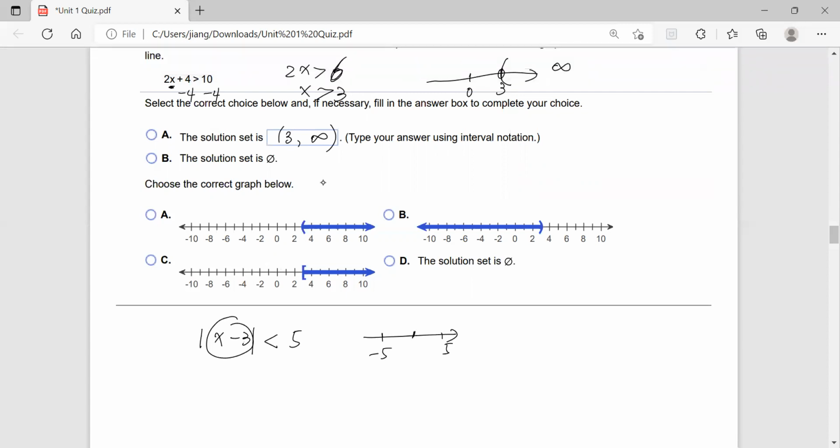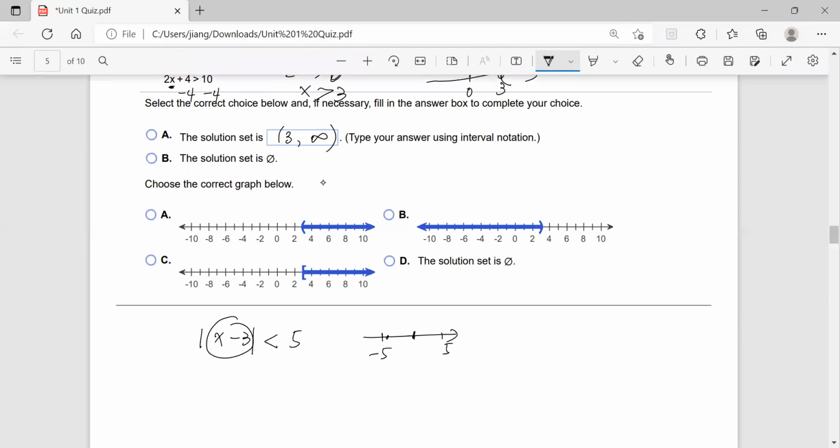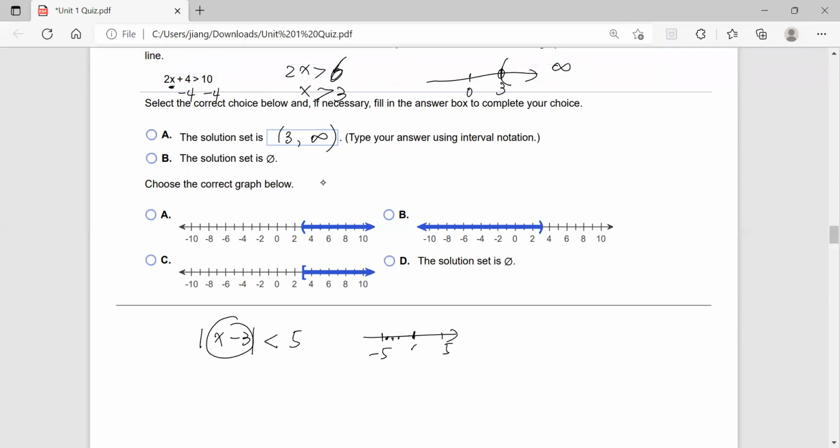Because in the class we have learned that the distance means the absolute value from x minus 3 to 0, for any point here, here, here to 0. Is the distance less than 5?